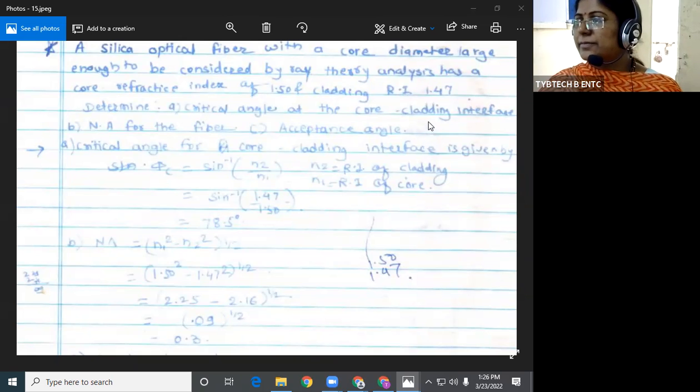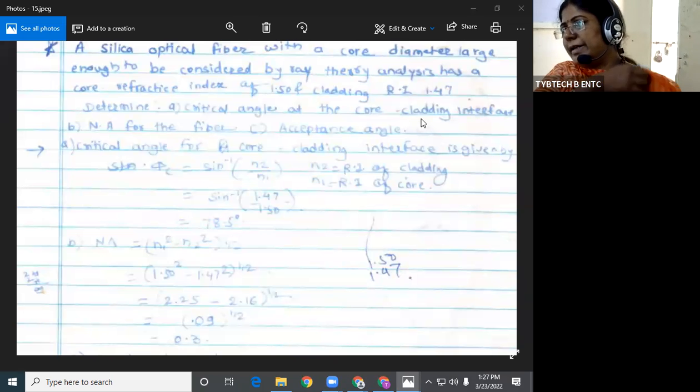Shall I give next? So write down. I will just dictate the terms. N1 is equal to 1.48. Critical angle phi C is equal to 80 degree. Full stop.